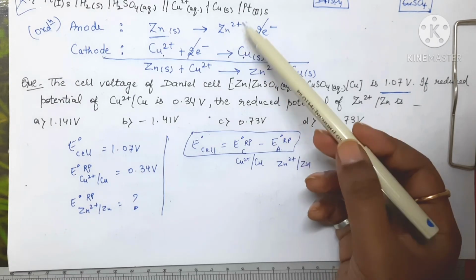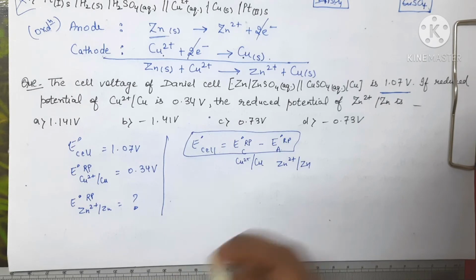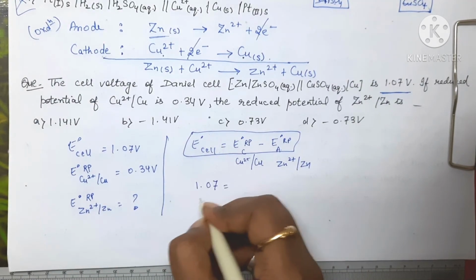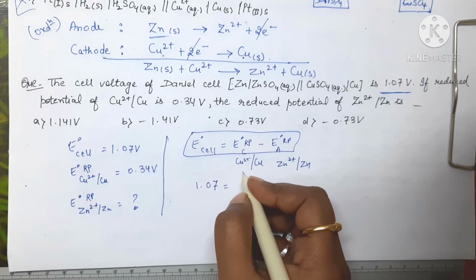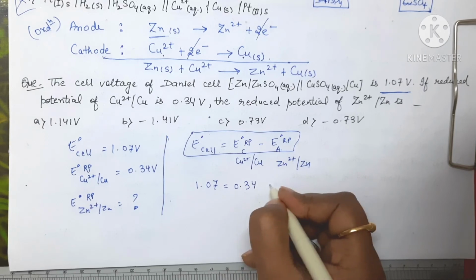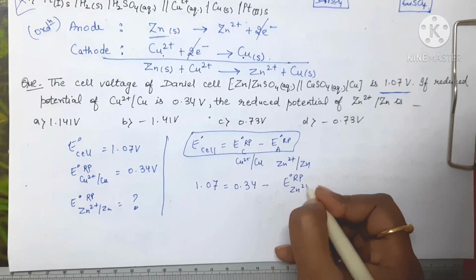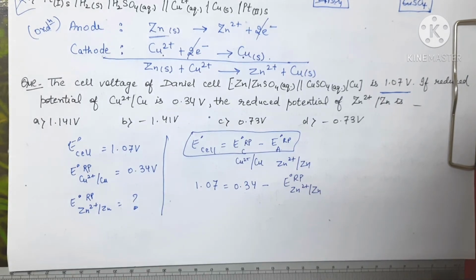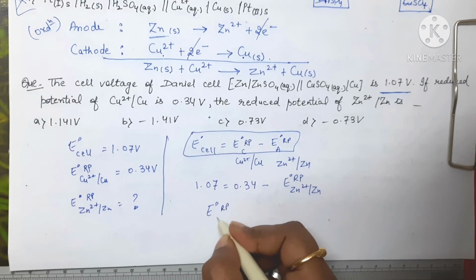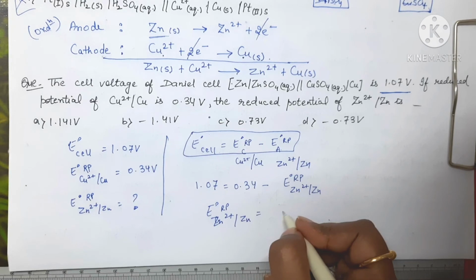Now you know the reactions at anode and cathode of the Daniell cell from the previous question. So E° of cell is given to us as 1.07. Reduction potential for Cu2+ to Cu is given to us as 0.34, minus we have to find out E° reduction potential for Zn2+ to Zn. Here you can easily find out the reduction potential for Zn2+ to Zn.